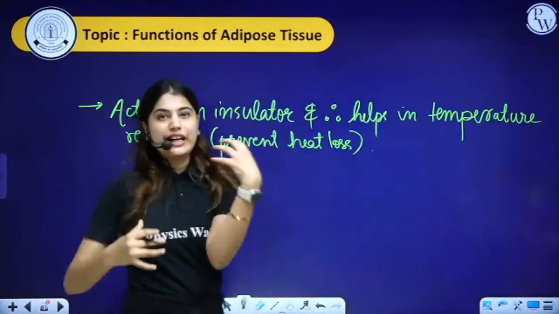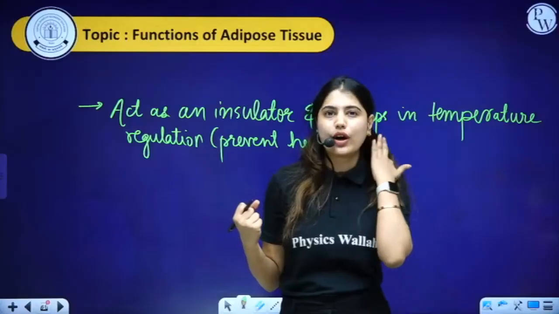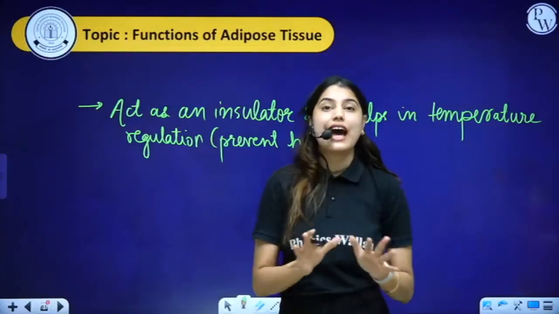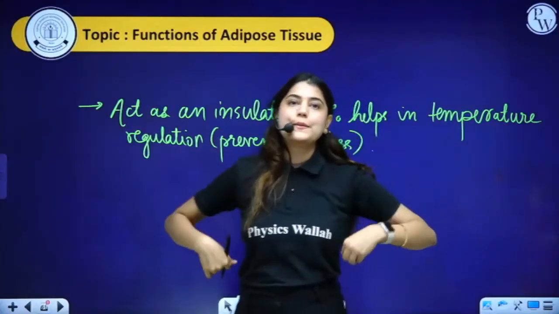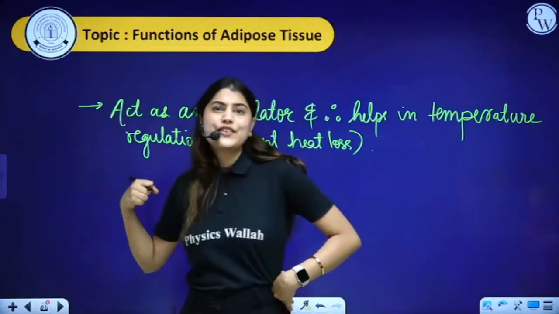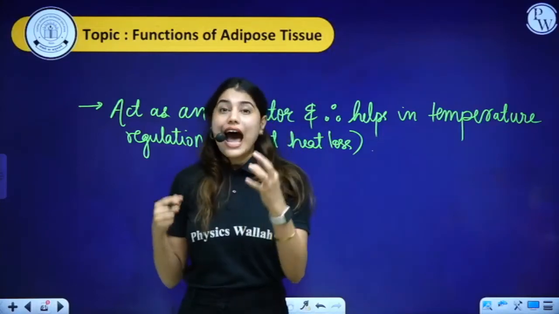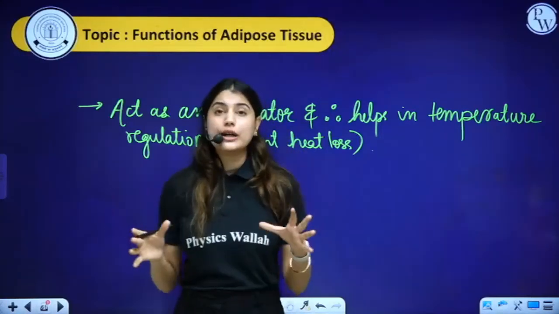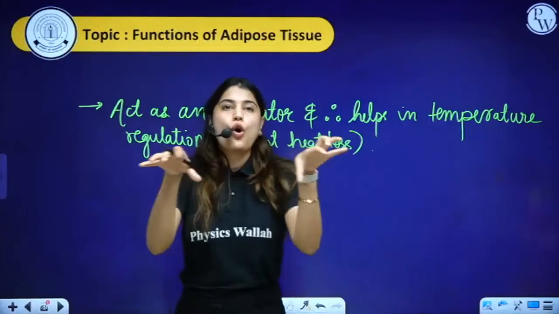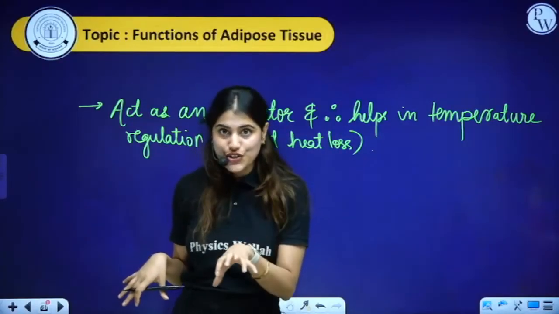Also, it is present around the organs, right? What is it doing around the organs? Basically, if any damage is coming, let's say I am standing here and I'm applying a layer of cushions around me. And if someone is coming to punch me, what is going to happen? Am I going to be affected by it? Am I going to be injured by it? Obviously, no. That whole shock, that whole trauma will be taken by that cushion.